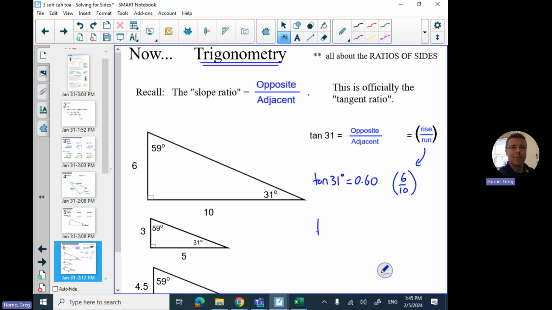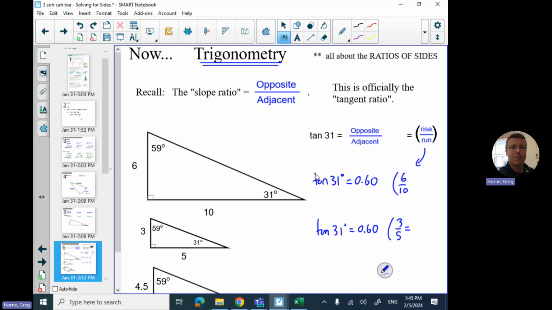And that's going to be the same regardless of what version of this triangle we see. You'll see bigger or smaller versions. So one that's half the size is going to be a 3/5 ratio. And of course, the tan button is still going to give the 0.6, but the 3/5 and the 6/10 both agree with that value.